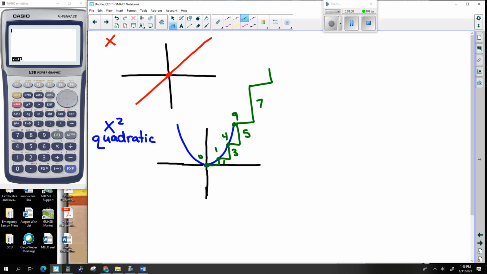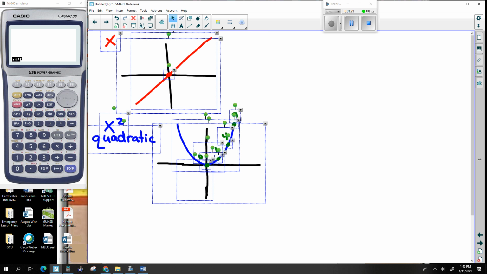And then you go up 7, and then you go up 9. If you go up by odd numbers, you'll create a quadratic. So that is a trick that I learned that might help you graph quadratics a little bit quicker. Okay, but anyways, that's what it generally looks like.